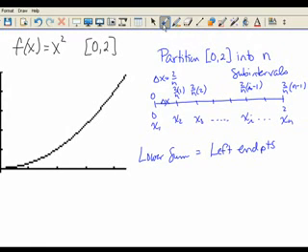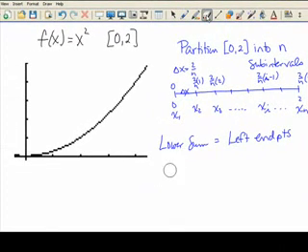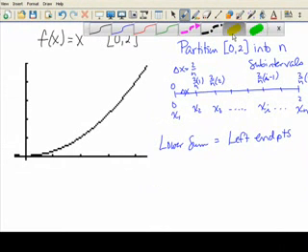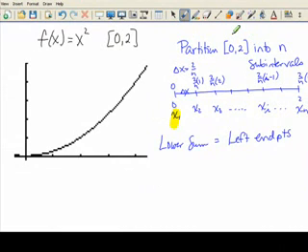So the left endpoints are x sub 1. Okay, let me back up and be very, very clear here. The left endpoint of the first interval is x sub 1. The first interval goes from x sub 1 to x sub 2.